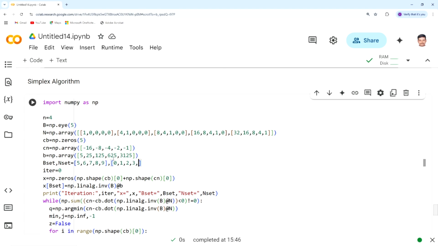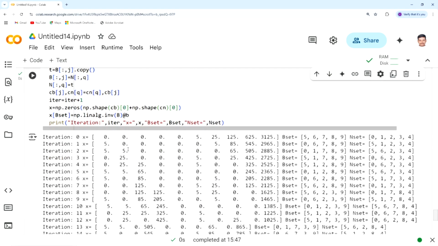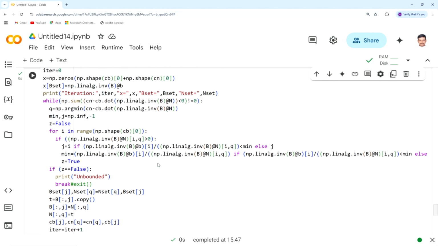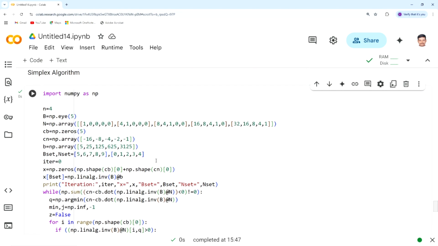And this will be 4, and n does not matter. Now you can see that it takes 32 iterations to give the right answer 0 0 0 0 3 1 2 5. And you can check for higher values of n as well.